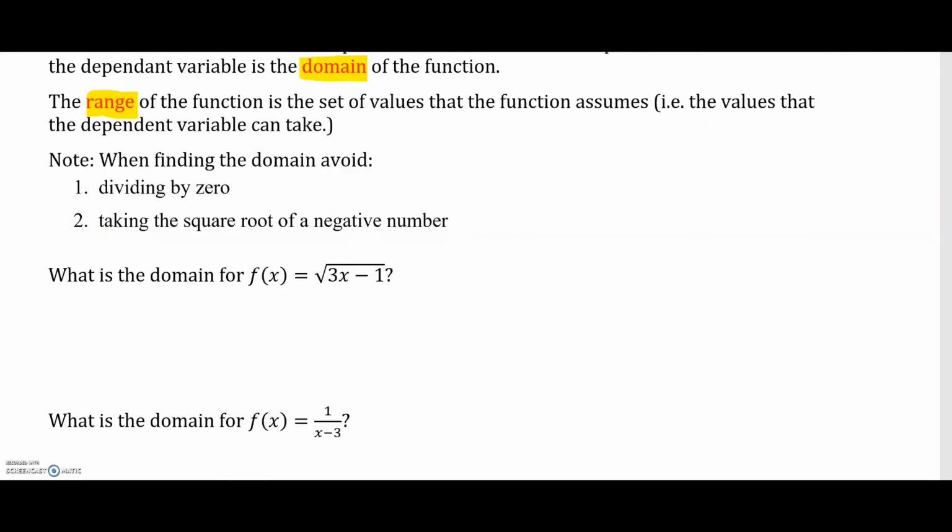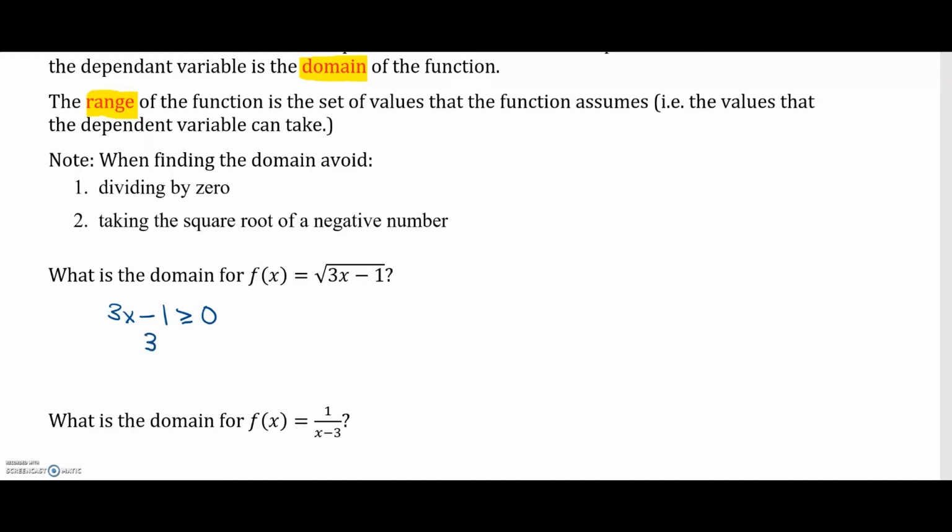So what is the domain of f of x, for f of x equal to the square root of 3x minus 1? Okay, we have 3x minus 1 all under the square root sign. We know that anything that goes under the square root must be positive or equal to 0. So it has to be greater than or equal to 0 because we cannot take the square root of a negative number.